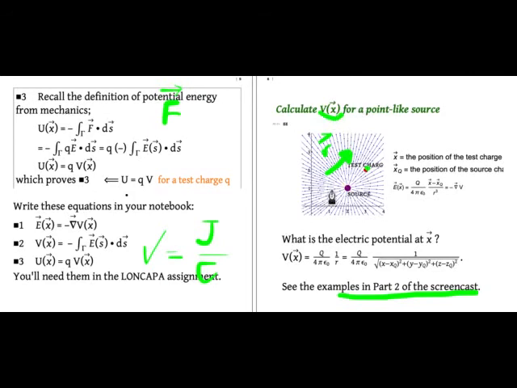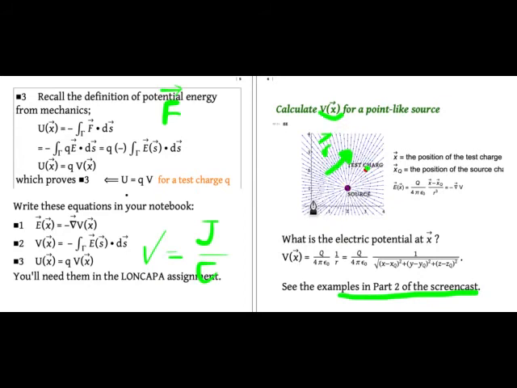This is the answer for one source. Remember, the electric field satisfies the superposition principle. So if you had many sources, you would just add the potentials from each source.